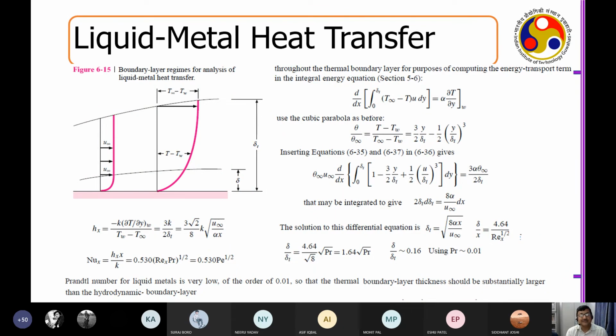In case of a liquid metal, you may find the thermal boundary layer will be thicker than the hydrodynamic boundary layer.